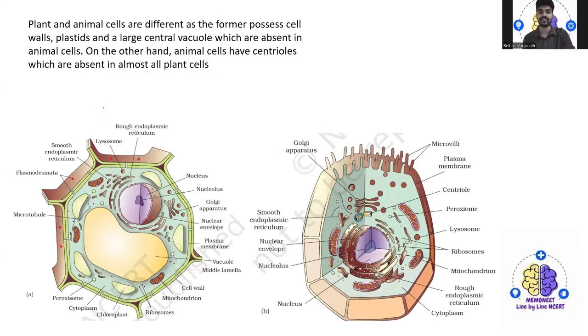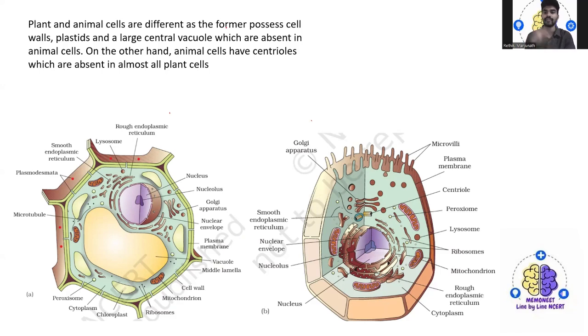Say if we have to concentrate more on animal cells as well as plant cells, one thing we can keep roughly in mind is that plant and animal cells are different in form. A different cell wall is present in plants. Their central vacuole will be large, whereas in animal cells the central vacuole will be absent, and plastids will be present in plants.